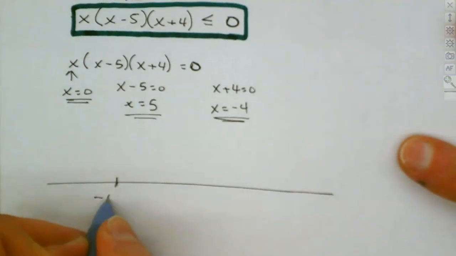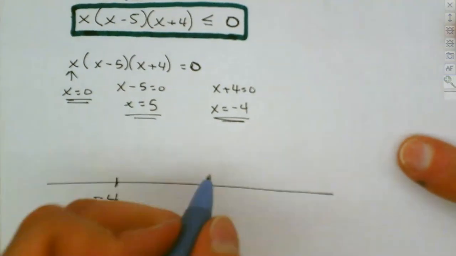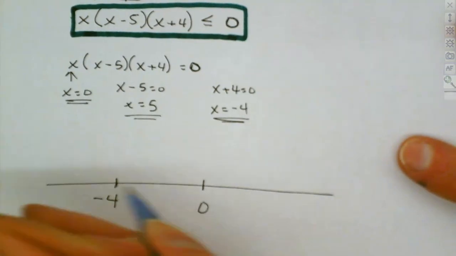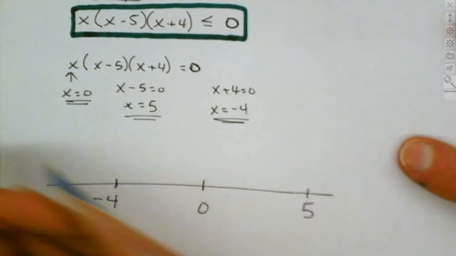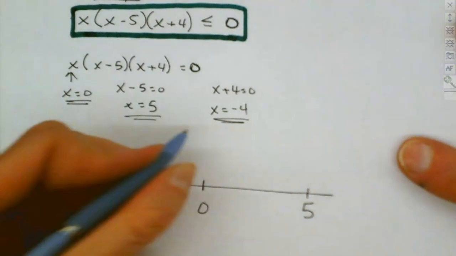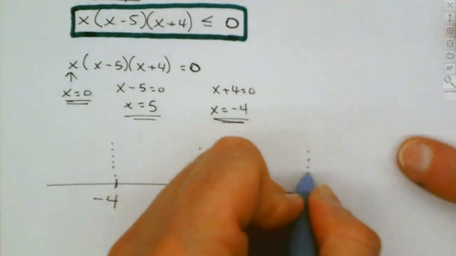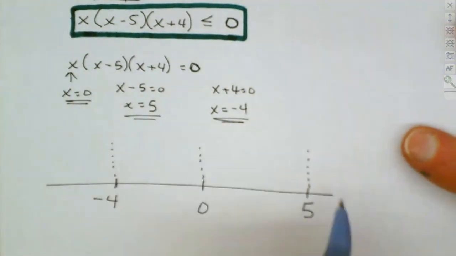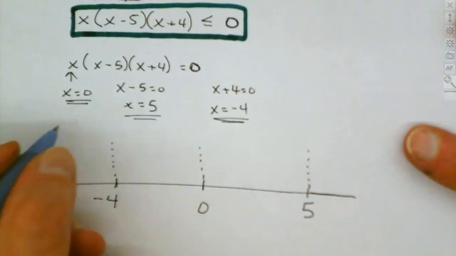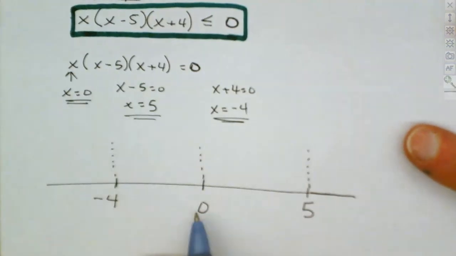So the smallest number is negative 4, and then we've got a 0, and then we've got a 5. So here's what are called our critical points, and they're where it switches from true to false.